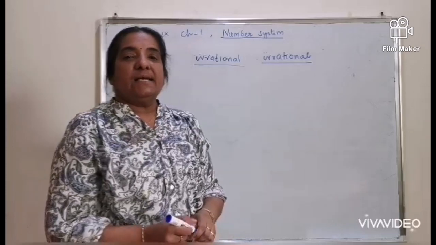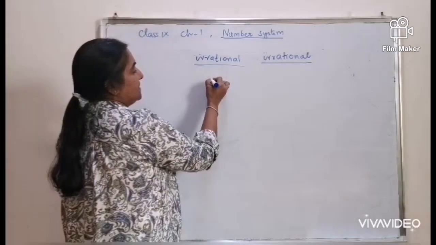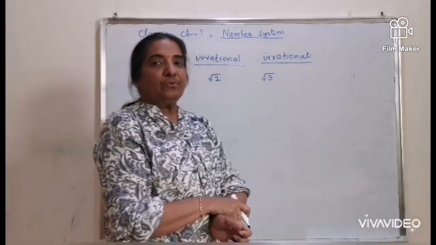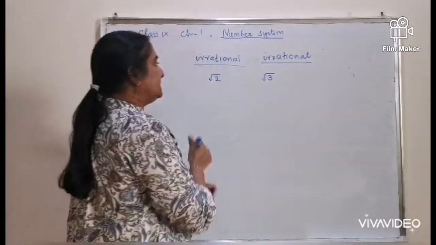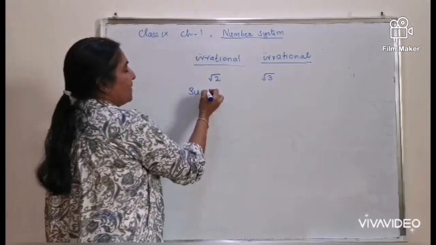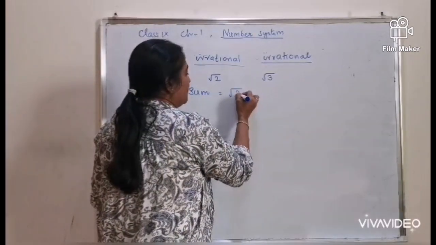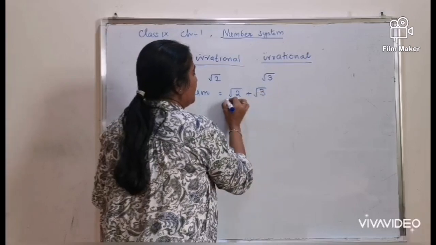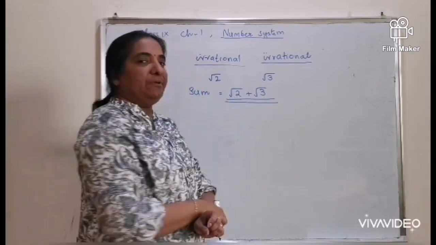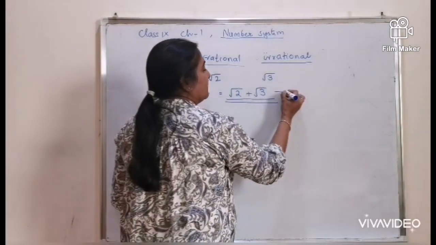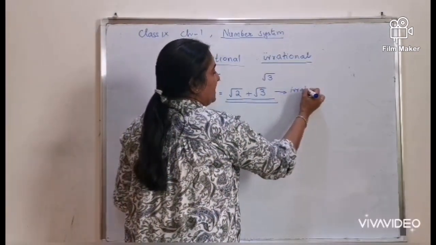Let us take an irrational number as square root 2 and another irrational number as square root 3. What is the sum of square root 2 and square root 3? It is square root 2 plus square root 3, which cannot be further simplified, so the answer remains irrational.